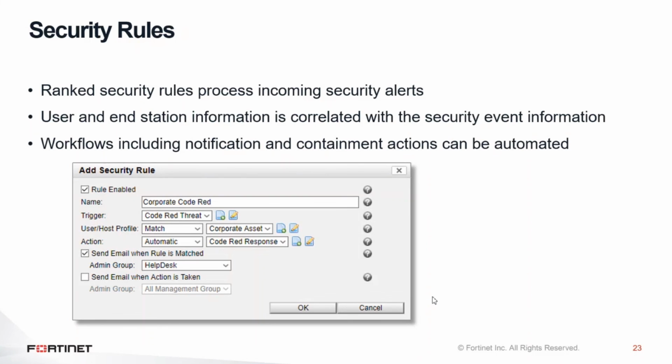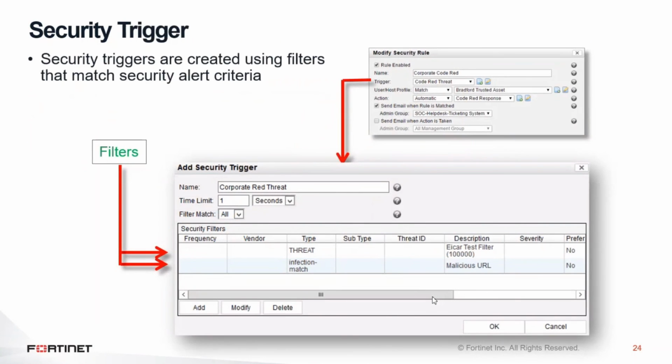These security rules can be customized to match specific security alert instances, or be more generalized to match a larger range of security alerts. The security rule consists of a trigger, a profile, and can also include an action based on the workflow in the event center. A security trigger can also contain one or more security filters.